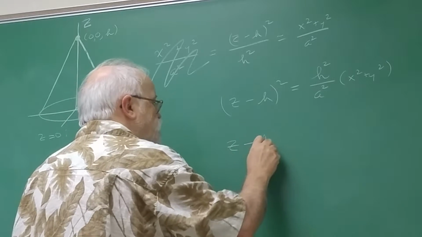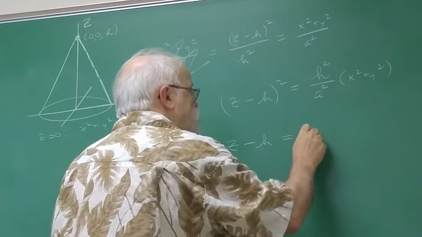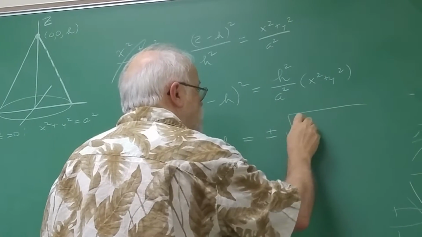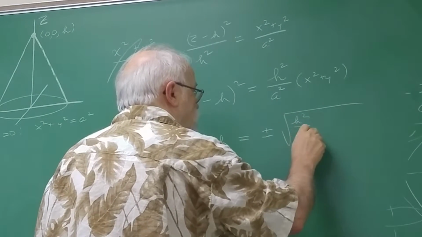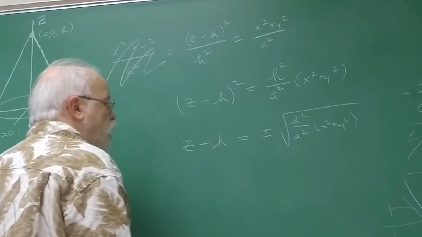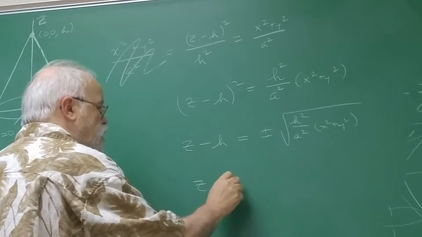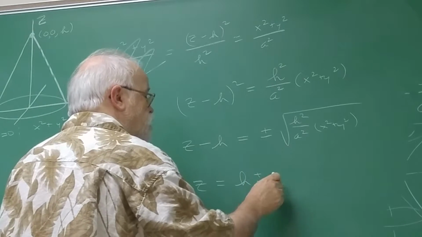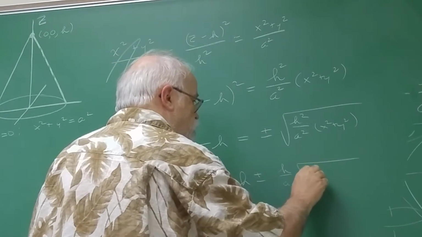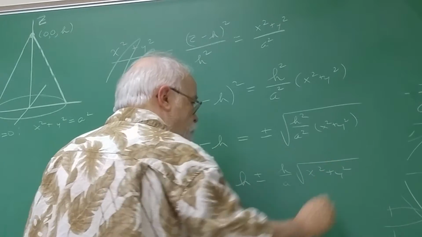So then z minus h is plus or minus the square root of all this mess. And so z is going to be h plus or minus h over a times the square root of x squared plus y squared.